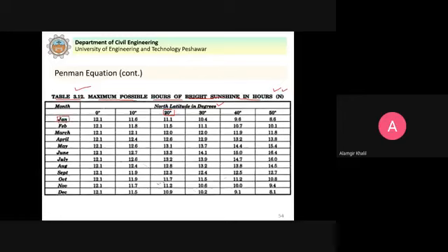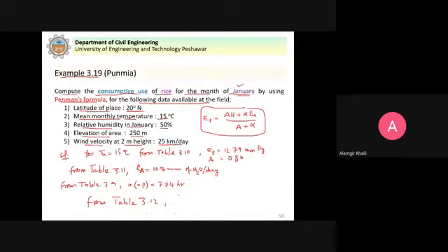This is now the value that we will pick. This is 11.1. This is capital N. So we have this capital N, that is equal to 11.1 hours.